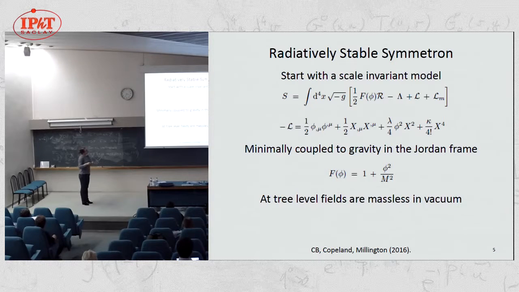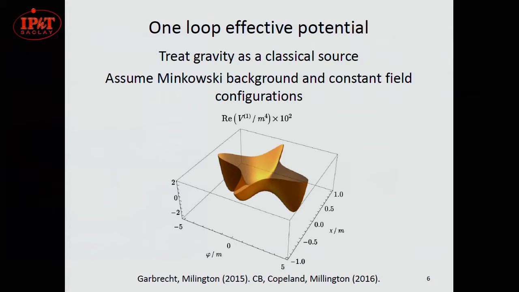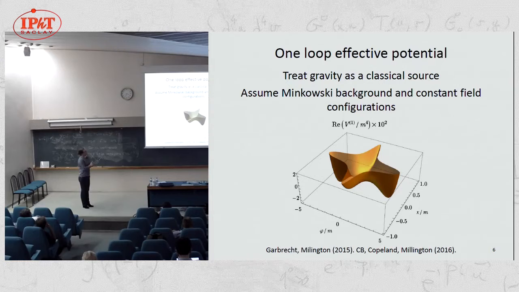Okay, so we're going to minimally couple again to gravity in the same way that we talked about before through a phi squared term. And as we said, at tree level, this is a massless theory with no scales. So you do the standard thing, you compute the one loop corrections to your potential, and you find that this scale invariant property is broken, as you would expect.